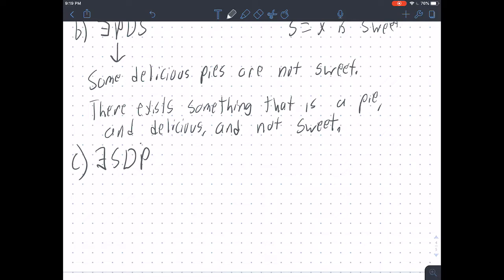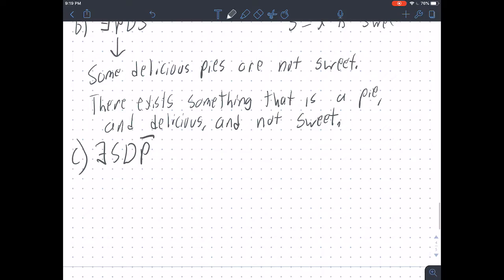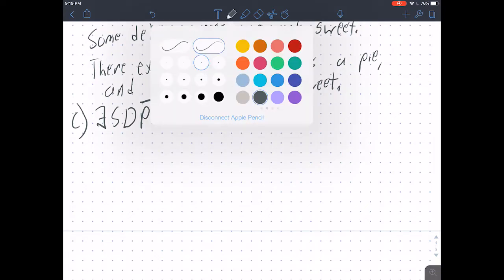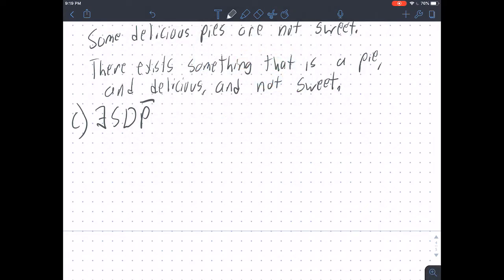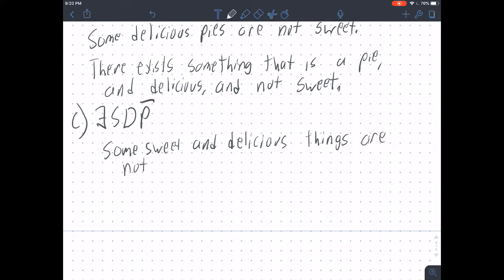So example C says that some sweet and delicious things are not pies.